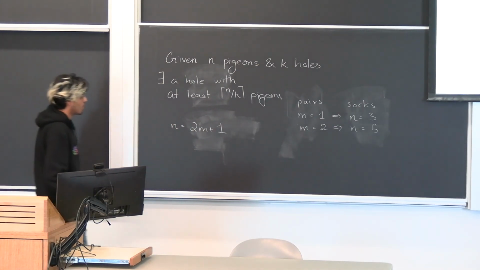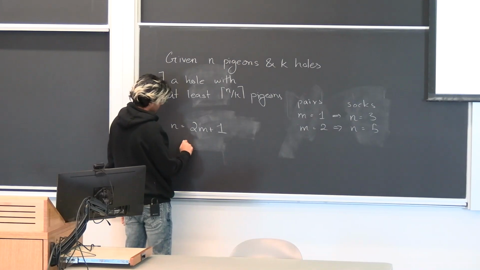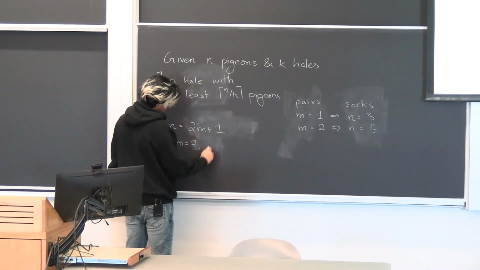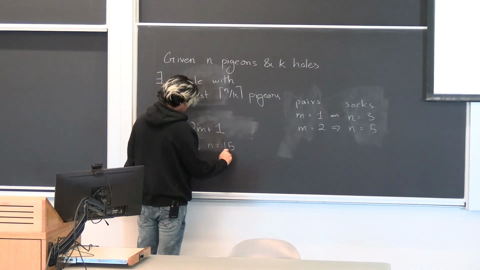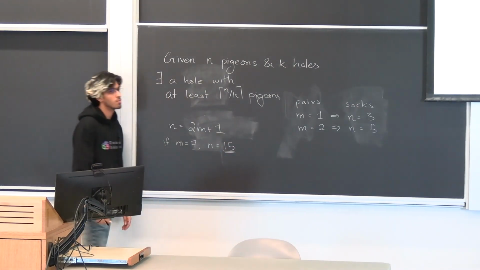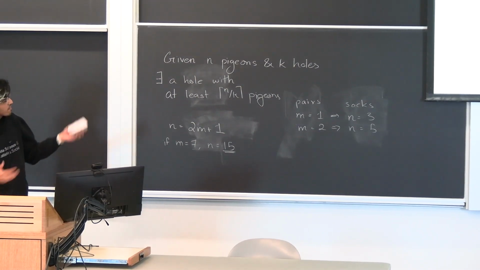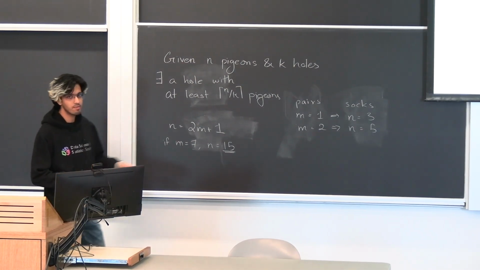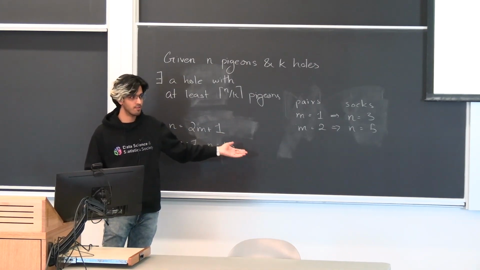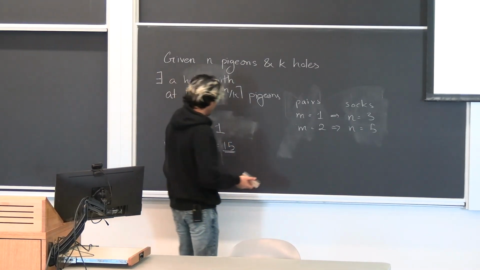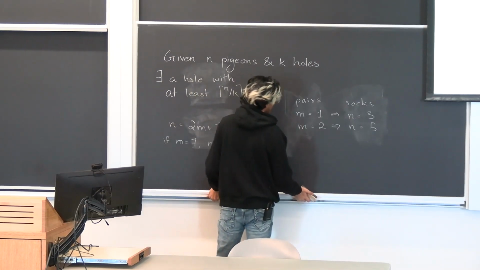In which case, if we want 7 pairs, if m equals 7, n equals 15. So you would want 15 socks. Right? So this is a sort of a mix of both. It's not just PHP. It's not just combinatorics. It's counting. Okay? All right.